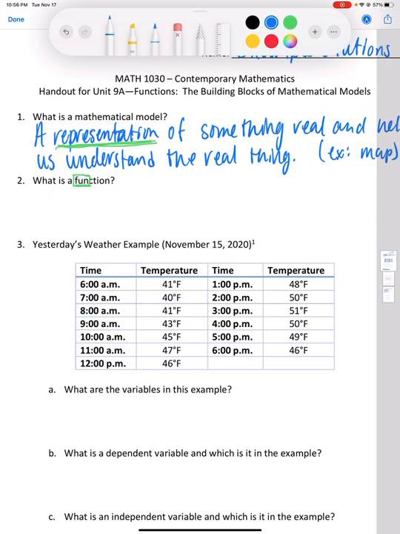It's also called covariation. So it's a relationship between quantities that can change, that do change. They can change, or they can stay the same.